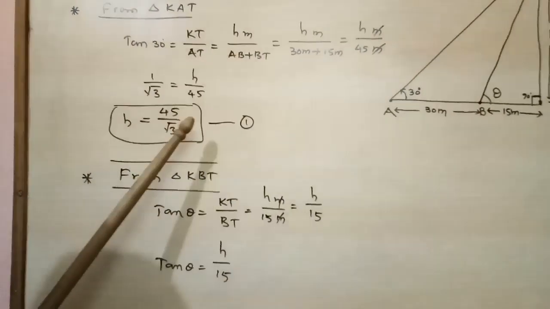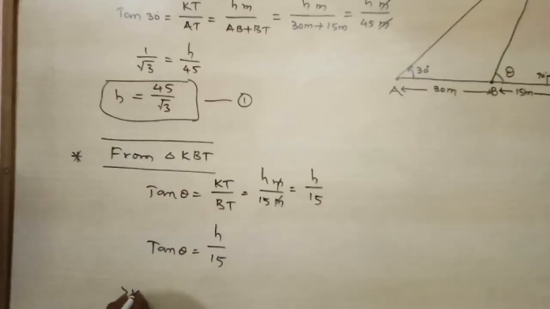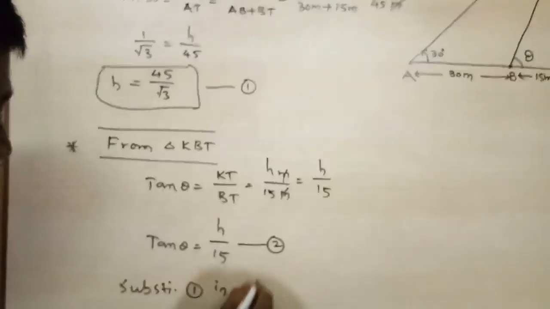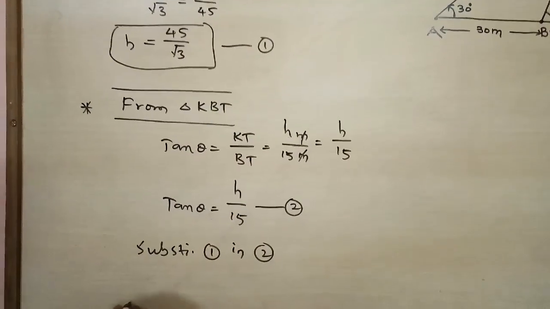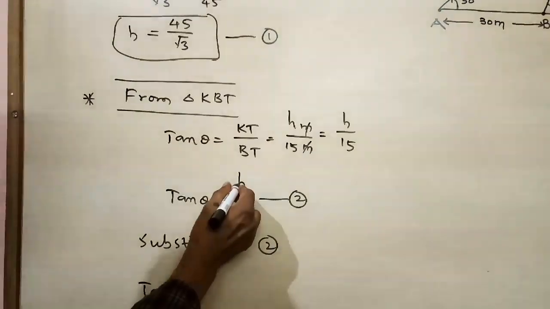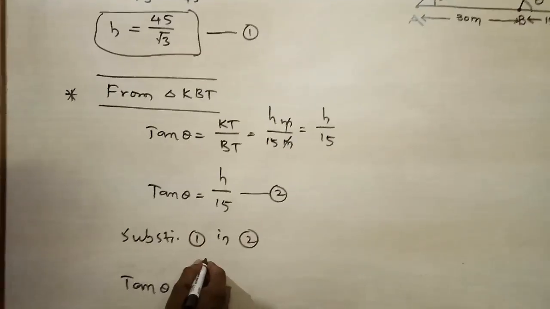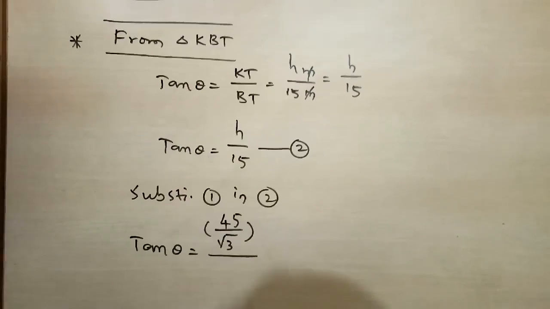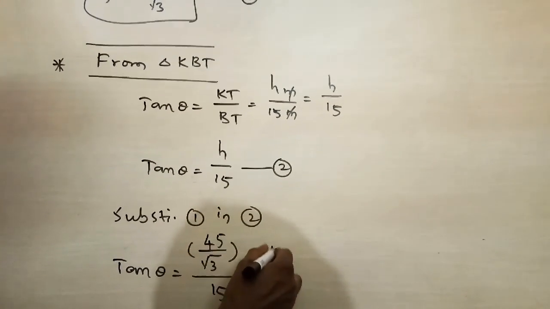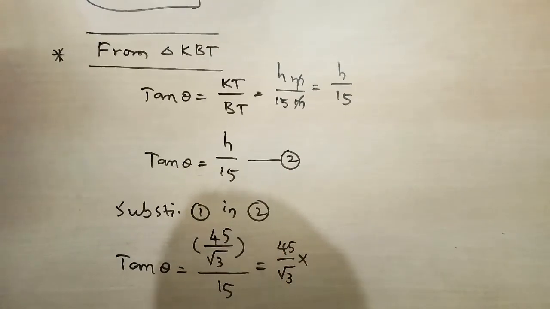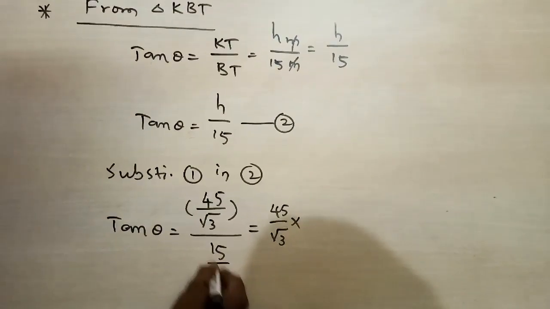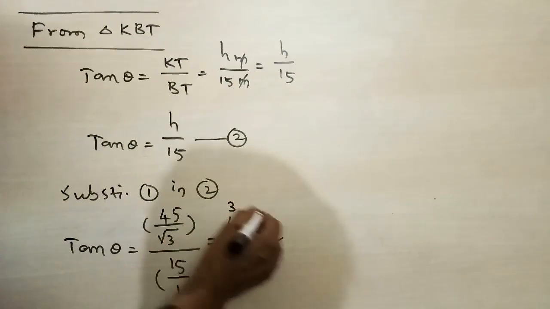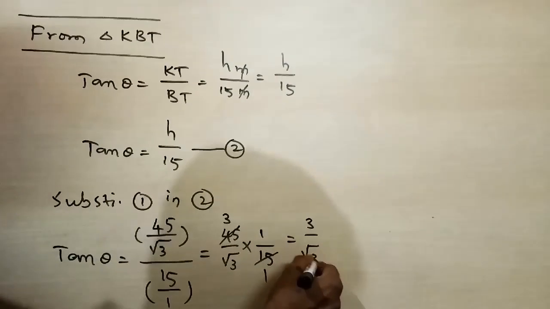Now substitute 1 in 2. Tan theta is equal to h, and h means 45 by root 3, divided by 15. That is 45 by root 3 into 1 by 15. 15 ones are 15, 15 threes are 45, so that is 3 by root 3.